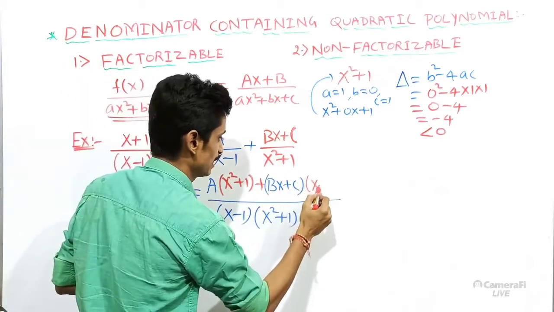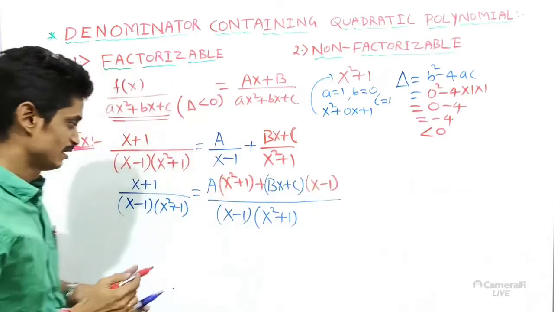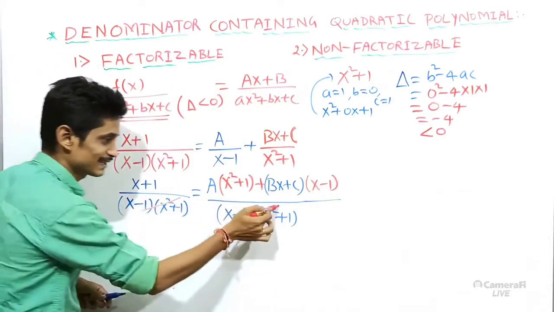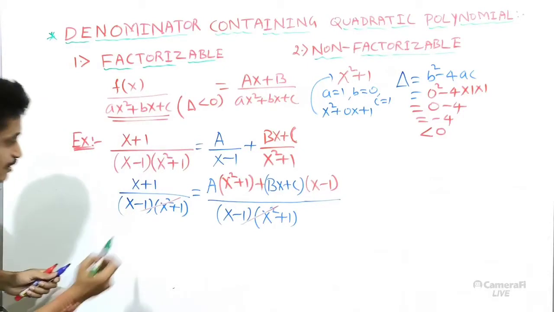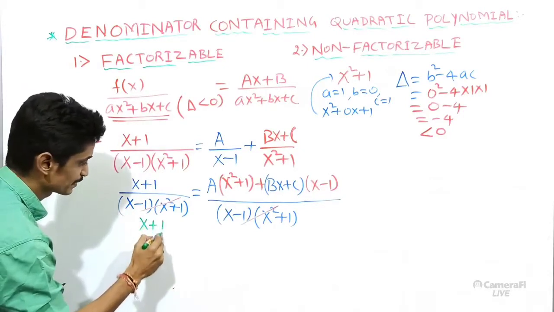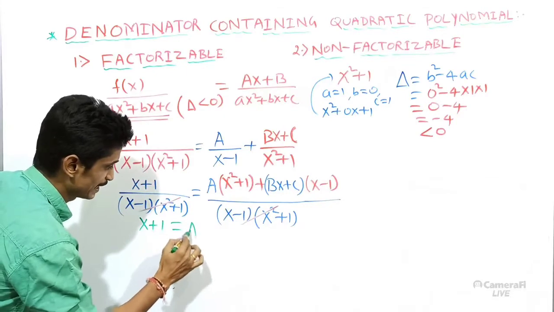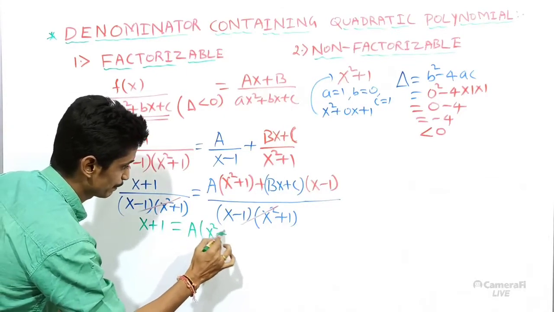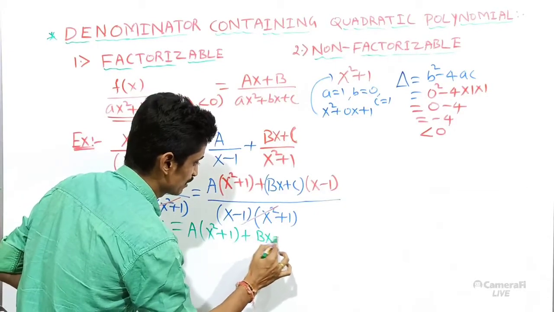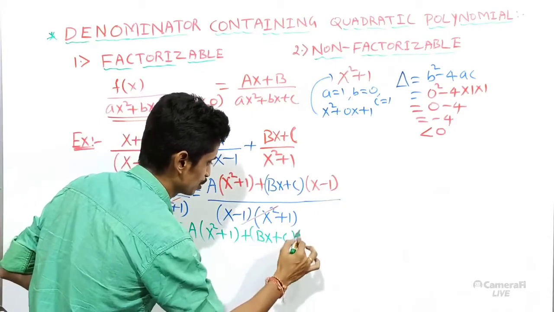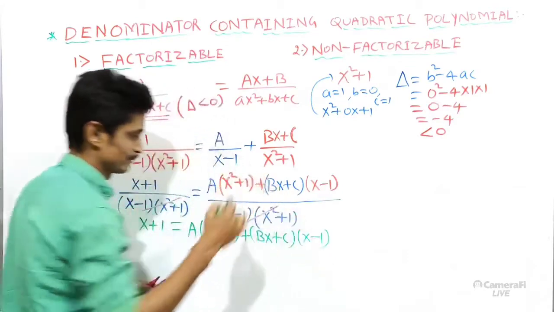So multiply x minus 1. Of course, these two will cancel. What remains? That is x plus 1 is equal to a times of x square plus 1 plus b times of x plus c into x minus 1.